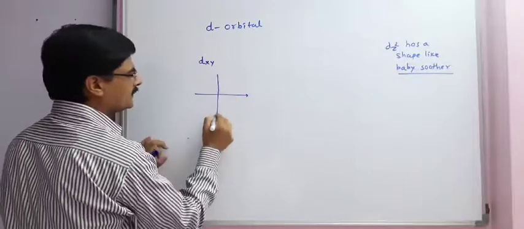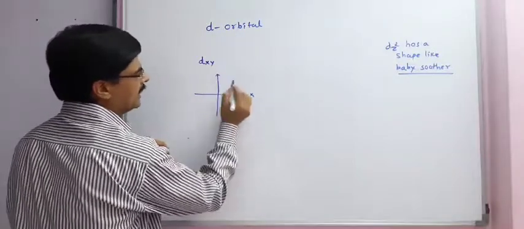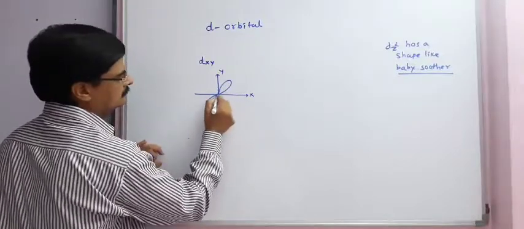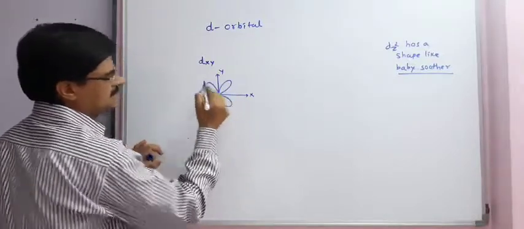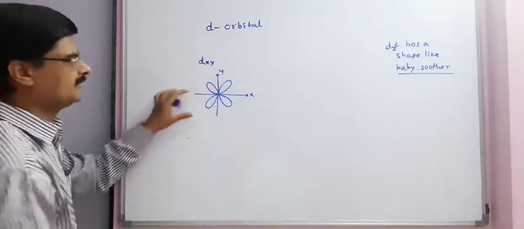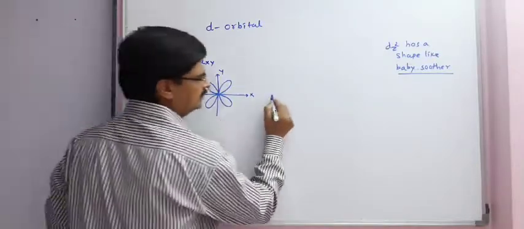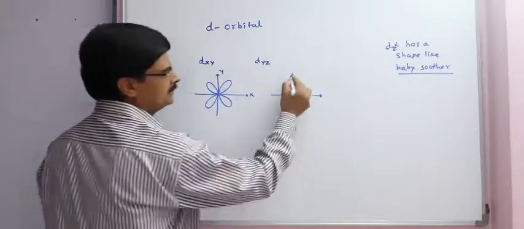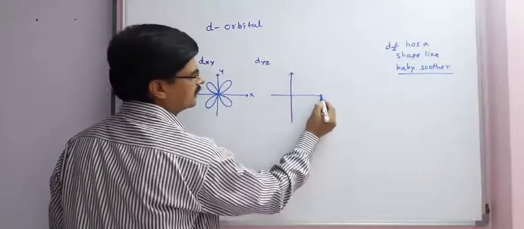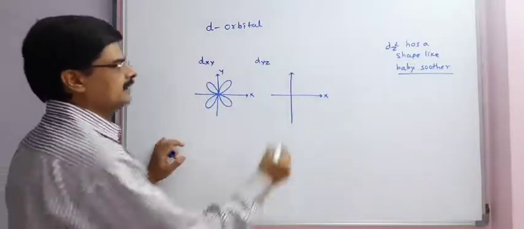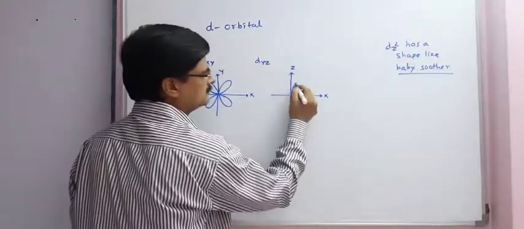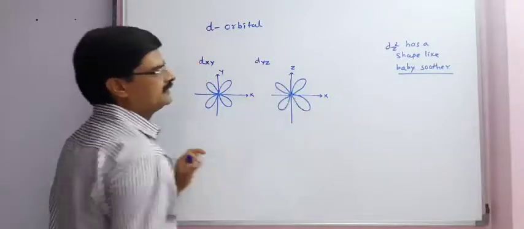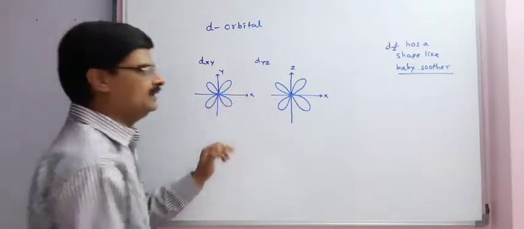When we draw a simple diagram taking x here and y here, we can draw this double dumbbell shape of the dxy orbital. Same way, the dyz orbital: taking y here and z here, this is the shape of the dyz orbital.